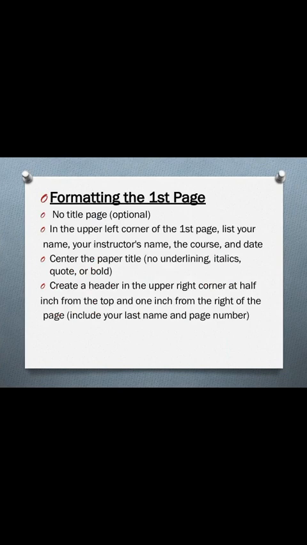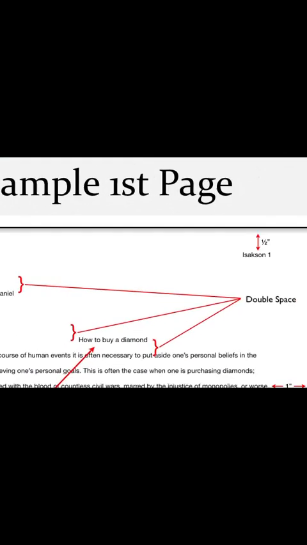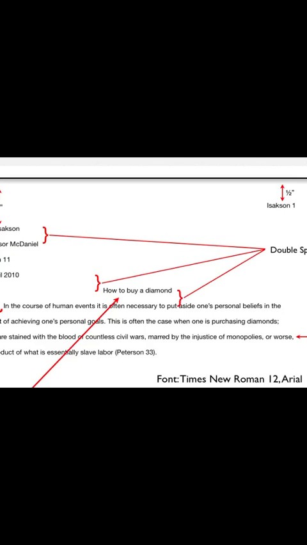Center the paper title, no underlining, no italics, and no bold. See? How to buy a diamond. This is the title of this page. Your paper's title is never ever italicized, underlined, or bold.